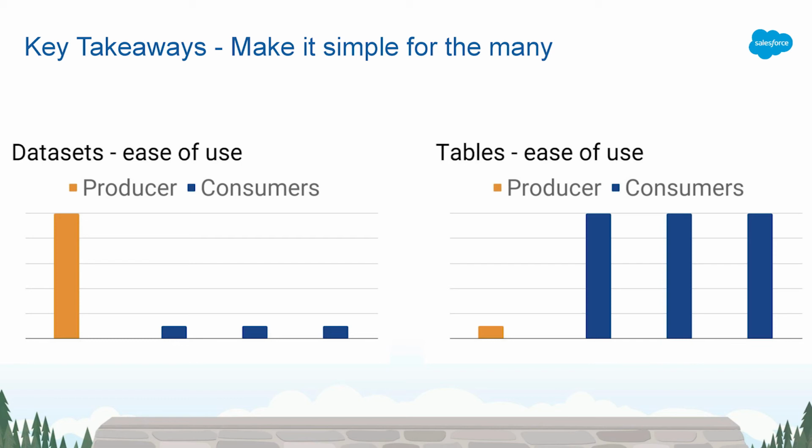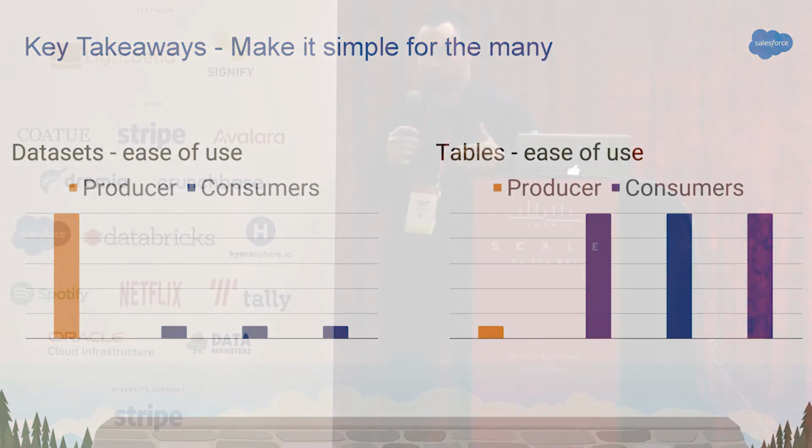And again, the main idea is datasets were great for producers. You just push datasets, push datasets, push datasets, very, very straightforward. Unfortunately, you make your life a lot harder for your consumers because they need to be aware of your metadata scheme, essentially, and they need to be able to translate a data request into a metadata request.